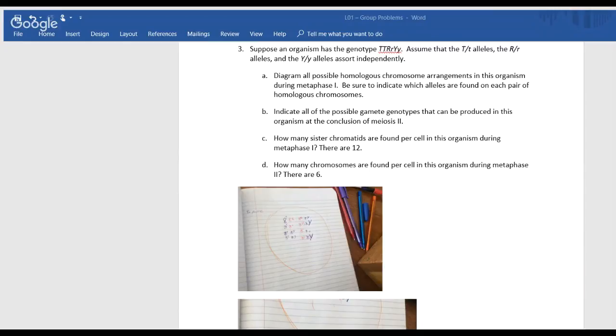So because of independent assortment, we can see that this is metaphase 1, and the purple is the homologous chromosomes. Also the reds and the Ys.